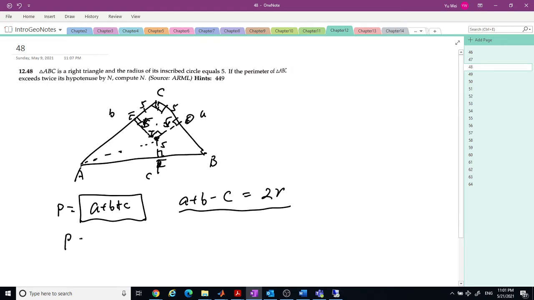The perimeter minus 2 times C is A plus B plus C minus 2C, which is A plus B minus C, which is 2R. Then we know R is 5, so the answer is 10.